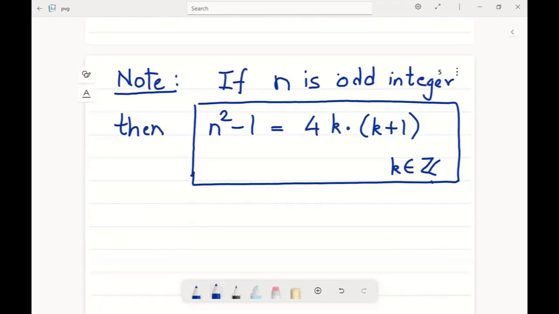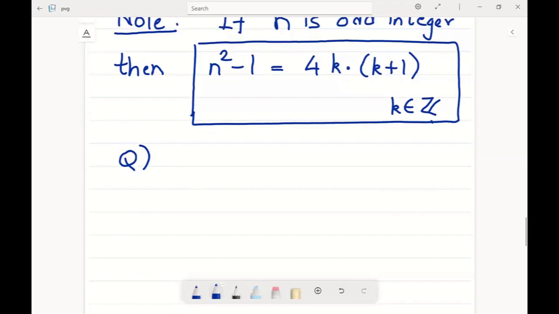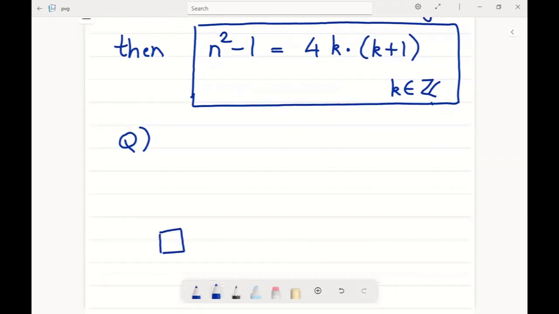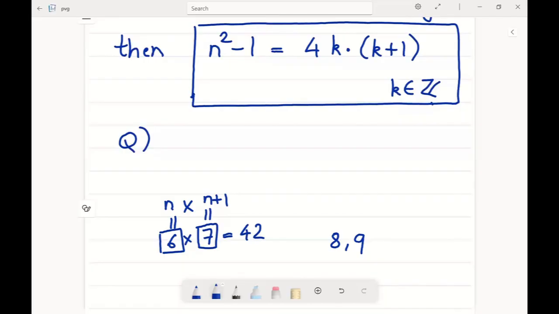Okay, now pick up any two consecutive numbers. What are consecutive numbers? For example, 6 and 7, 8 and 9, one after the other. So if one number is n, the other number is n plus 1, right? Now if I take the multiplication of any two consecutive numbers, here the product is 42, here the product is 72, and so on.